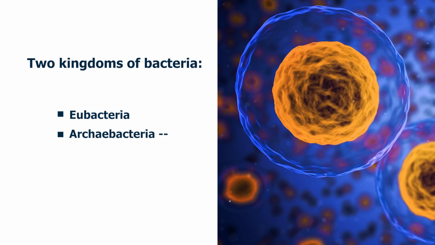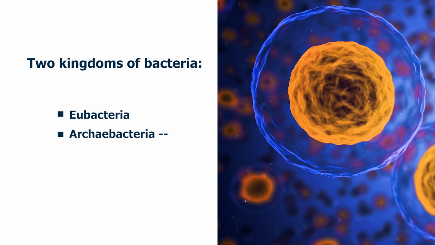There are two kingdoms of bacteria, eubacteria and archaebacteria. Eubacteria are true bacteria and archaebacteria are the oldest organisms on earth, living in extreme conditions.